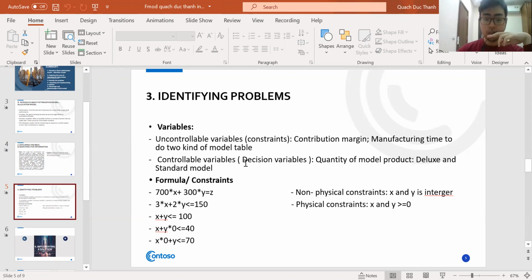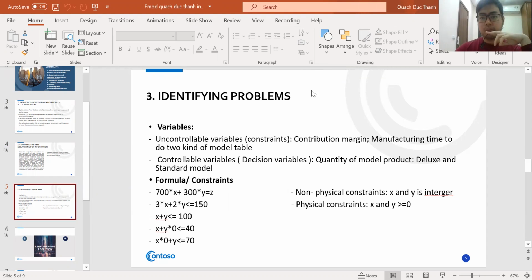The next is the formula and constraints. We have five formulas to use in calculating the constraint table. In addition, we have the non-physical constraint and the physical constraint, which are conditions to calculate in the model.